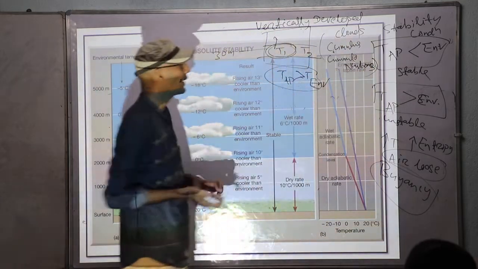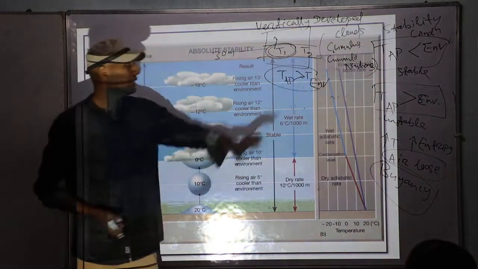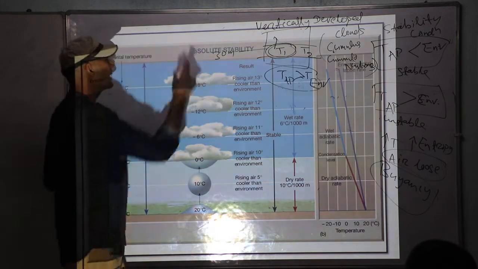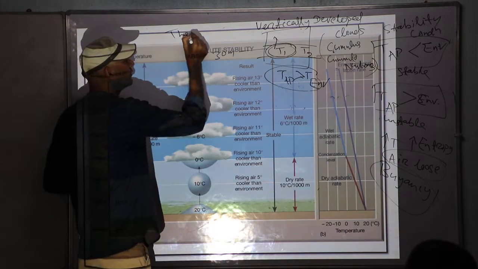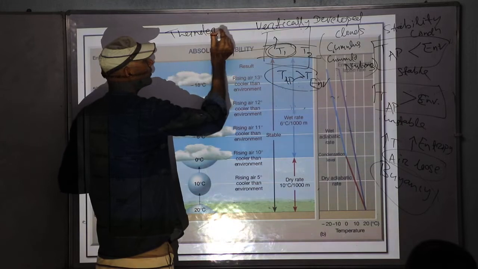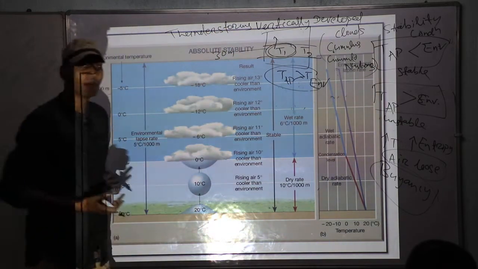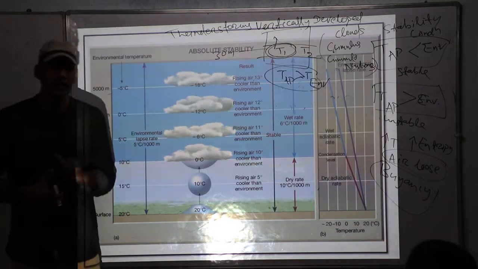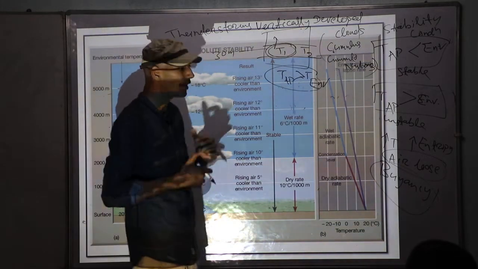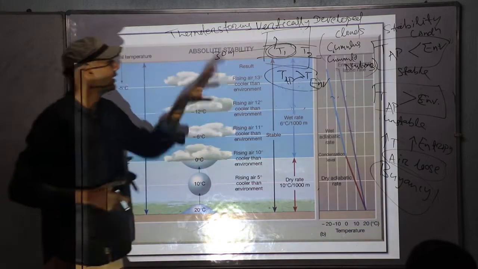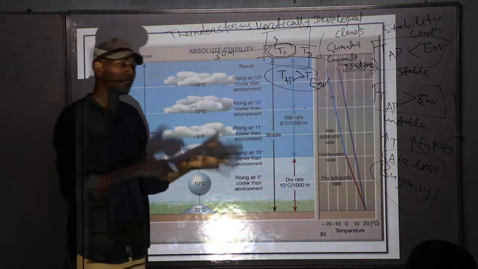These two clouds are vertically developed clouds and they occur in case of thunderstorms and other atmospheric events which are due to unstable atmospheric conditions. Thunderstorms never form when there is stable condition.